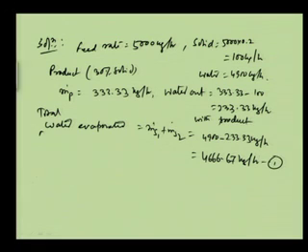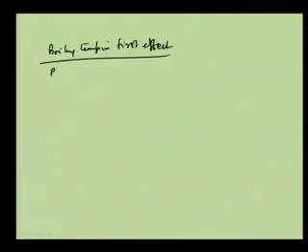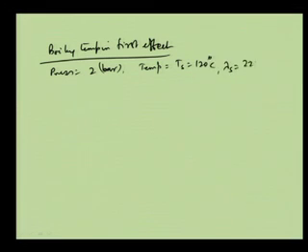Then the boiling temperature in first effect: pressure is equal to 2 bar, temperature is T s equal to 120 degree centigrade, the saturated steam temperature, and its lambda value would be equal to 2200 kilojoule per kg.